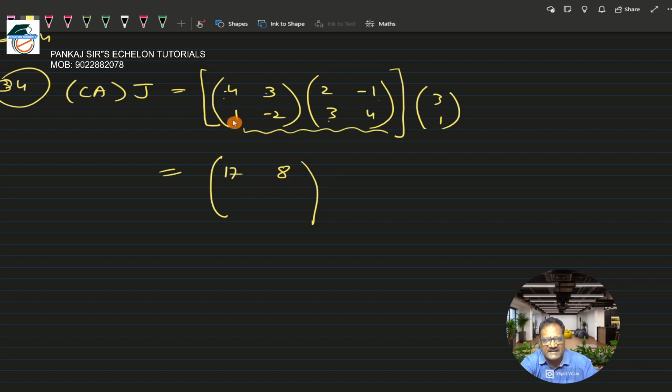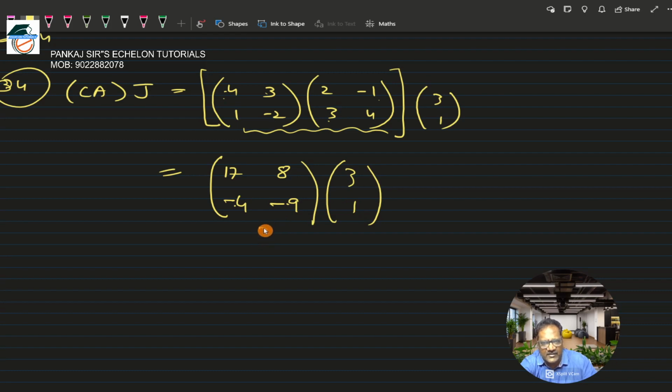Then this position will be second row and first column. So 2 minus 6 is minus 4. And this position will be minus 1 and minus 8, so minus 9.